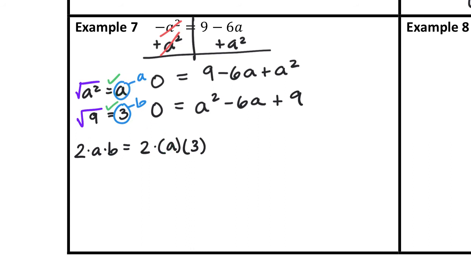Right, because this is A, this is B. 2 times A is 2A. 2A times 3 is 6A. Do they match? Yes. So then we have a perfect square trinomial. So that means that if it has a minus in the middle, it's going to be A minus B times A minus B. Right, this is my A, this is my B.